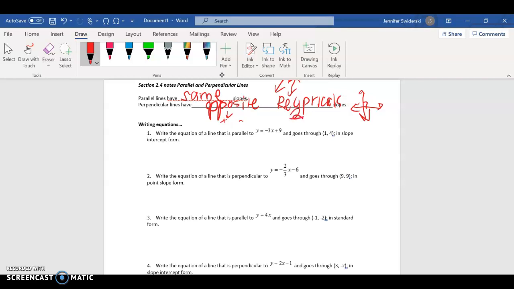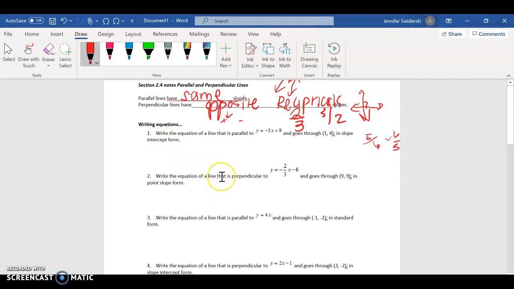If I have 2/3 and I want the reciprocal of 2/3, I always taught students to flip it. So it's just going to be 3/2. So that's an opposite reciprocal. You might see the opposite reciprocal of 5/6 being -6/5. They have opposite signs and they're reciprocals.